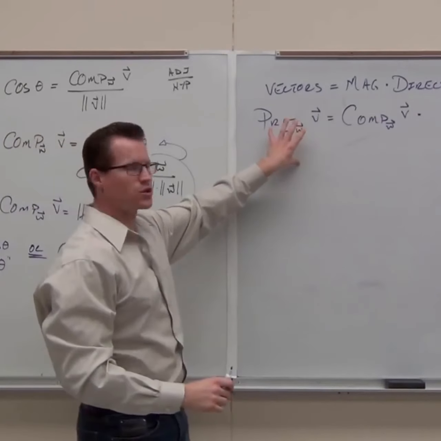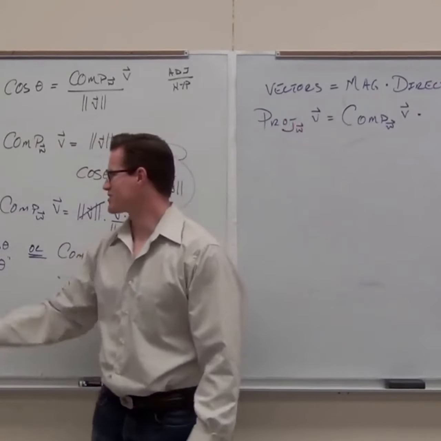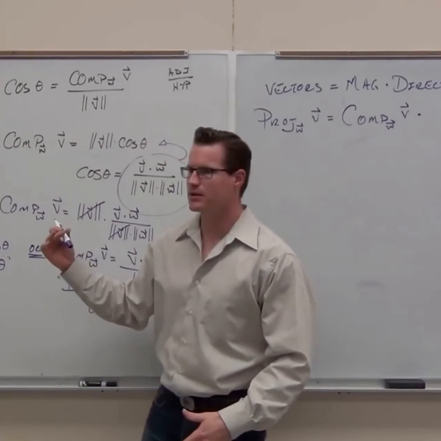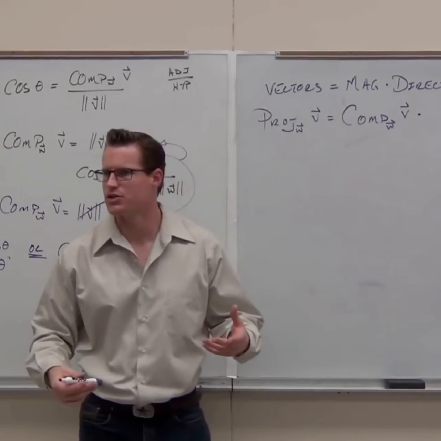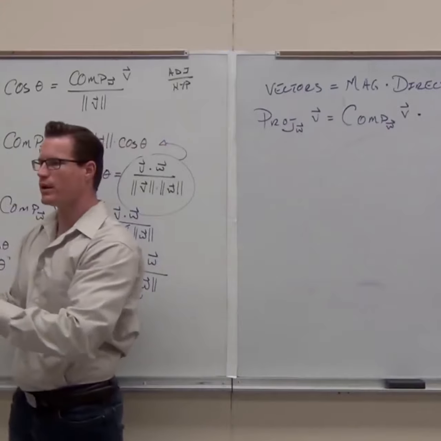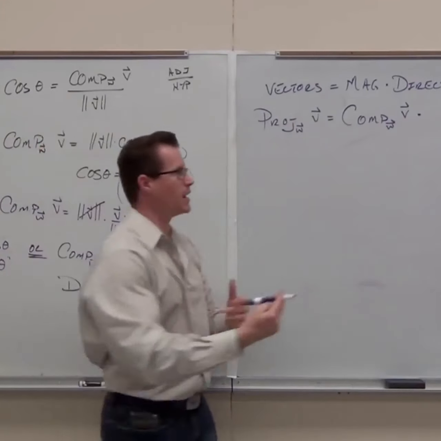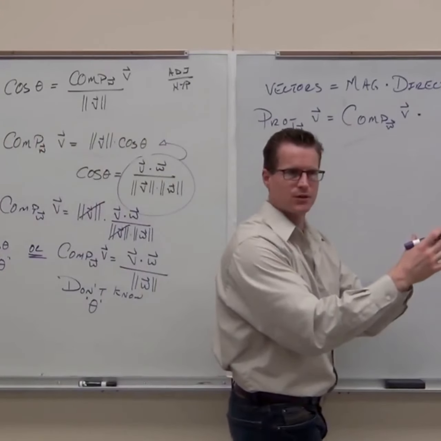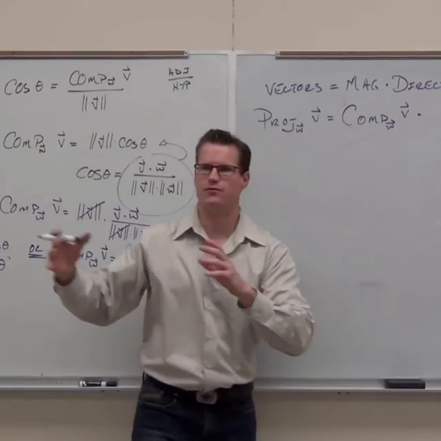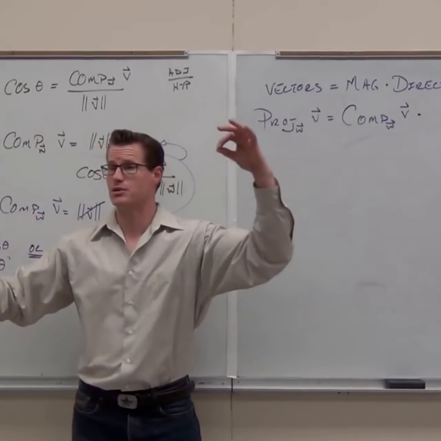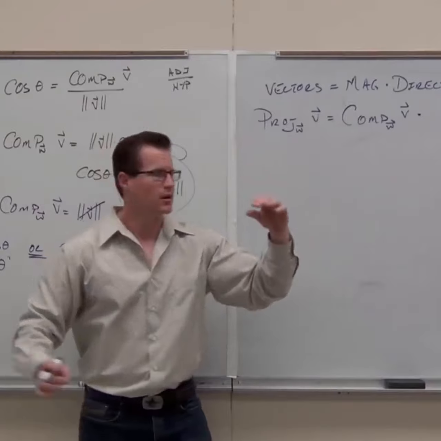So vector projection says, hey, find component projection because it's really easy. And then go, well, what direction is it in? Whatever vector you're pulling it along. We're going along W right now. The unit vector of W. Don't do the vector W because that gives it more magnitude than you actually have. Okay, you'd ruin it.